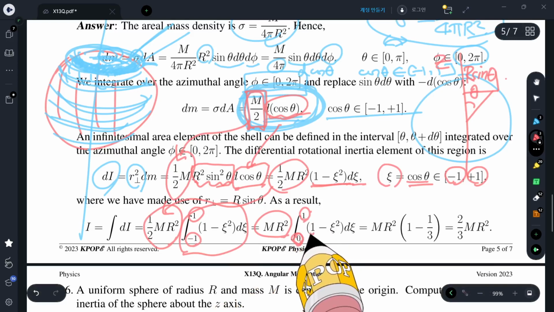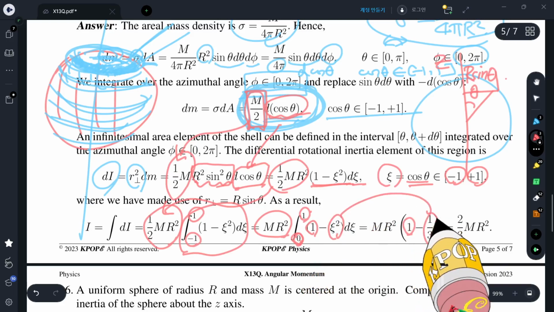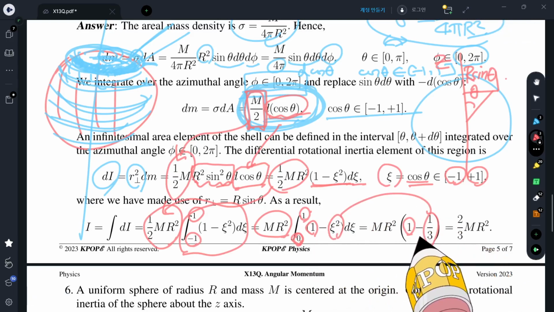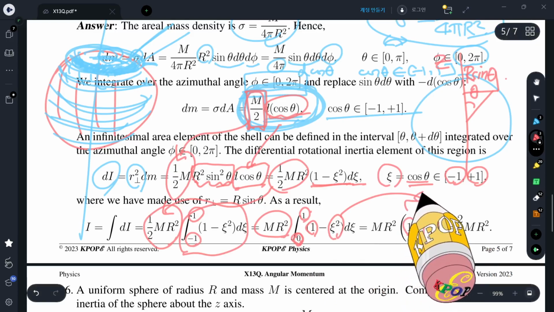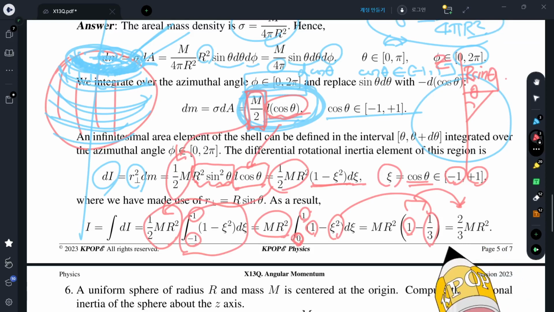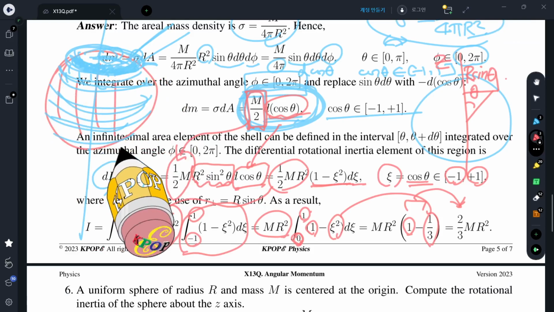Now this integral becomes trivial, and the arithmetic gives 2/3 of m r squared. This is for the spherical shell.